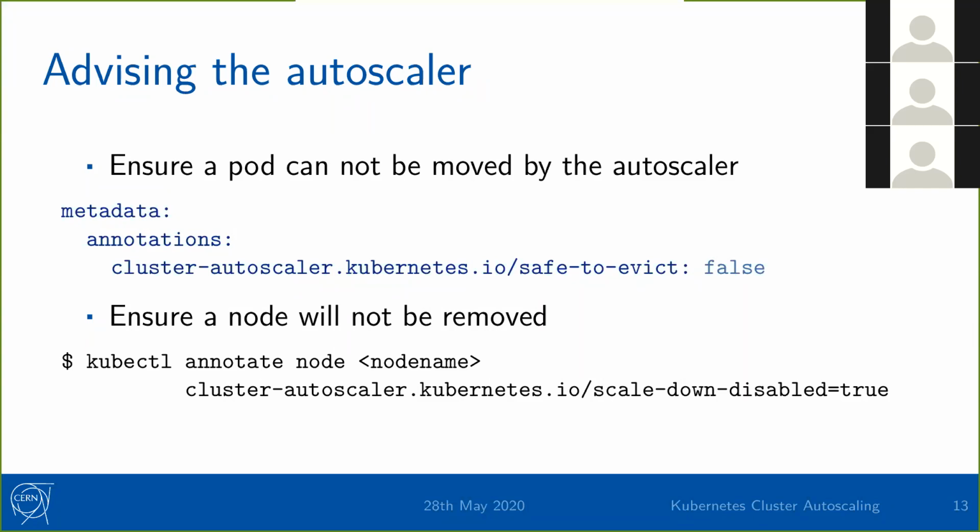But if you definitely do not want a pod to be moved by the autoscaler, then you can add this annotation to it, either in the deployment spec, pod spec, or in a job, or however you're creating your pods, that says it is not safe to evict. And you can also ensure the safety of a node by annotating it with this scale down disabled true. That is what you would want to do if you were using a node for ingress, or if you had other external references to the IP address of this node, because then you would definitely not want that node to disappear.